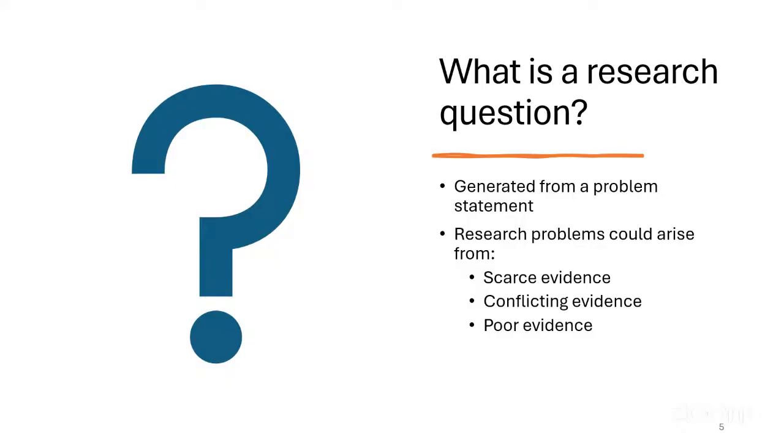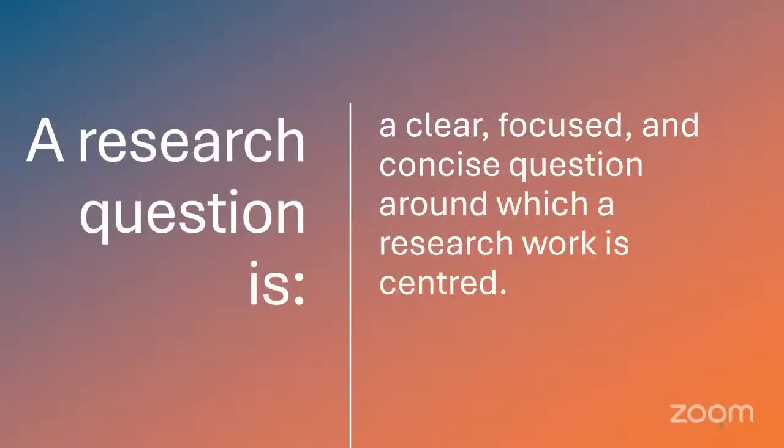Those three terms I just mentioned are very important when we need to define what a research question is: clear, focused, concise. So a research question is clear, okay? It must be very clear. It is focused, okay? So it's talking about one main issue. It must be focused, and it's concise.